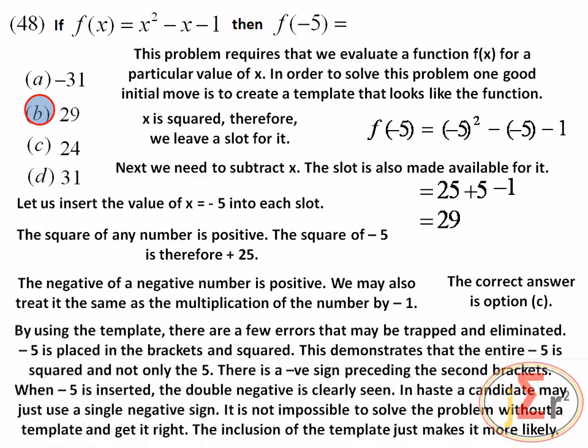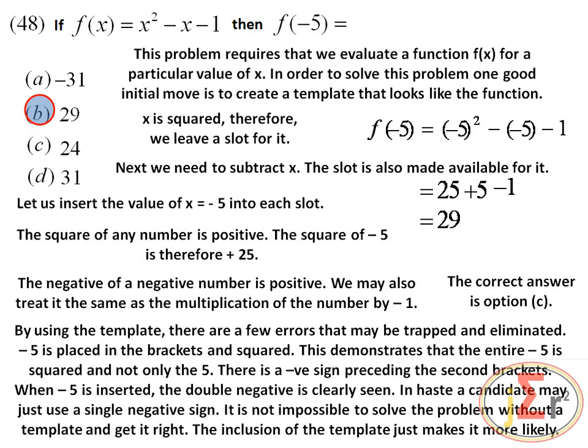By using the template, there are a few errors that may be trapped and eliminated. -5 is placed in the brackets and squared. This demonstrates that the entire -5 is squared and not only the 5. There is a negative sign preceding the second brackets.